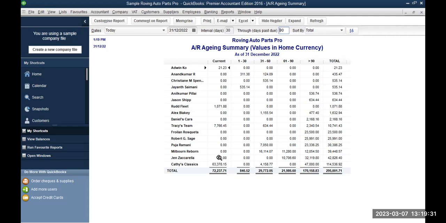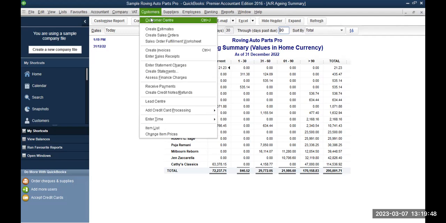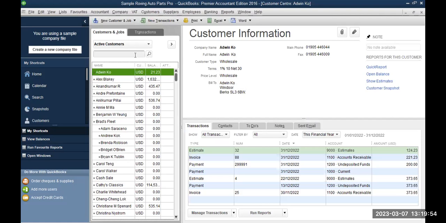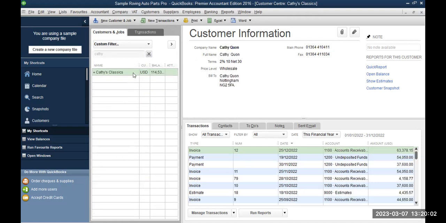So when you're determining who to give extra days to pay, at the customer center, we had shown that if you go to Cathy Classics, under Cathy Classics we can get information about this particular customer, and you can decide to set up some more information about them.